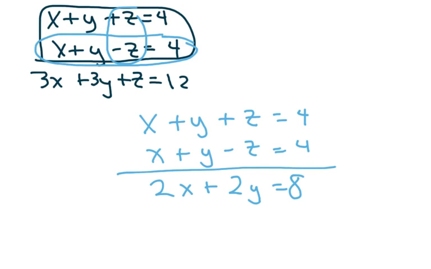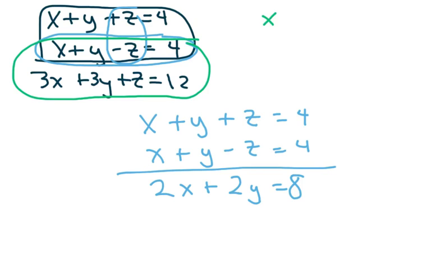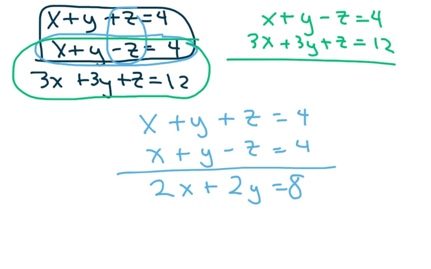Actually, since these already subtract, I'm just going to add these two here. So I'll do that here. I get x plus y minus z equals 4, and 3x plus 3y plus z equals 12. When you add this up, you're going to get 4x plus 4y equals 16.